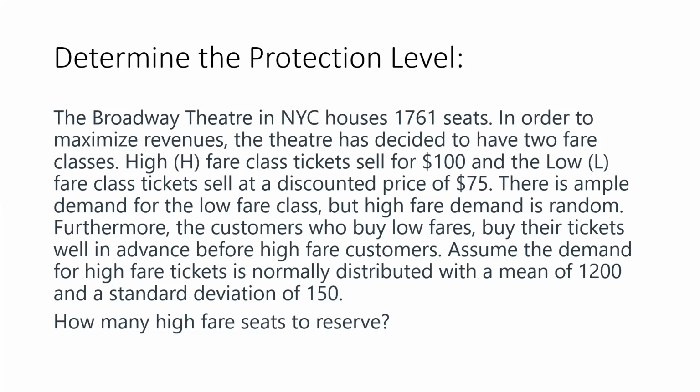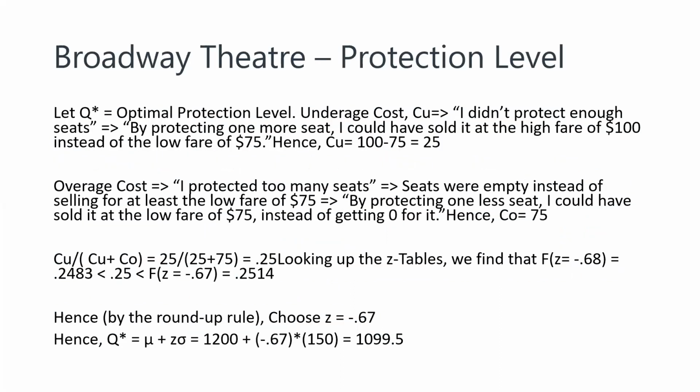So in this question, you set Q as the high fare protection level. Then the underage cost is CU, which is the difference of high fare and low fare. The logic here is I didn't protect enough seats, so by protecting one more seat, I could have sold it at the high fare of 100 instead of the low fare of 75.